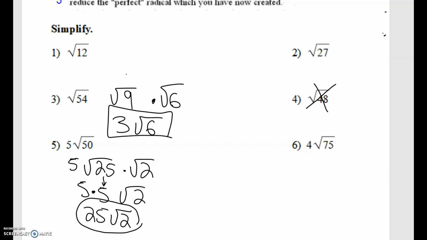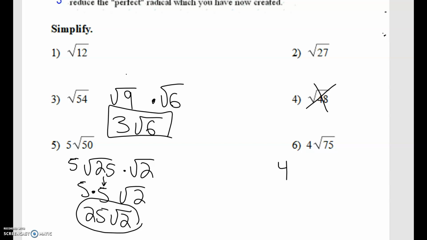All right, if you want to pause it and try number 6, I'm going to do number 6 in a second, so here is your time to pause it if you like. Let's go ahead and take a look at number 6. Again, we're going to ignore the 4 for a second. 75 is another one. Wouldn't 25 work again?